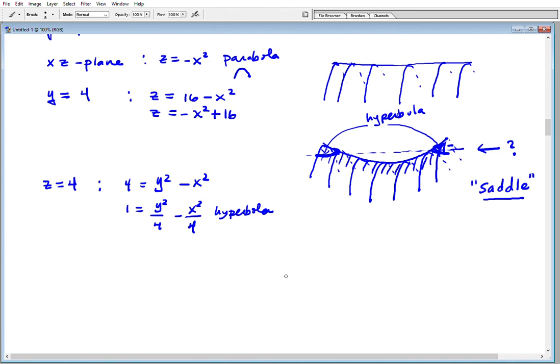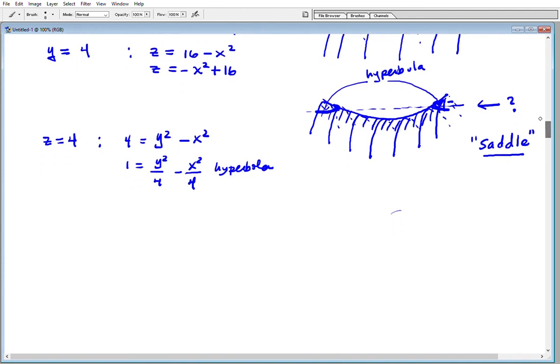There are two other kinds of quadric surfaces. Let's look at another example of a quadric surface, and then we'll look at a table with the general form for these quadric surfaces.